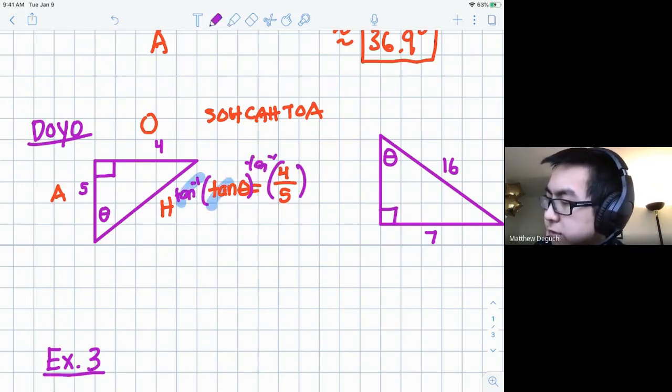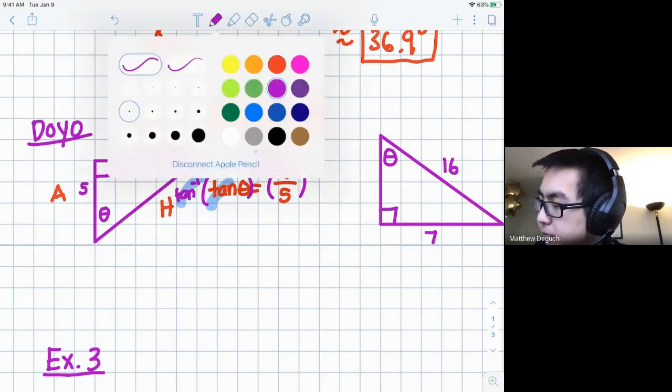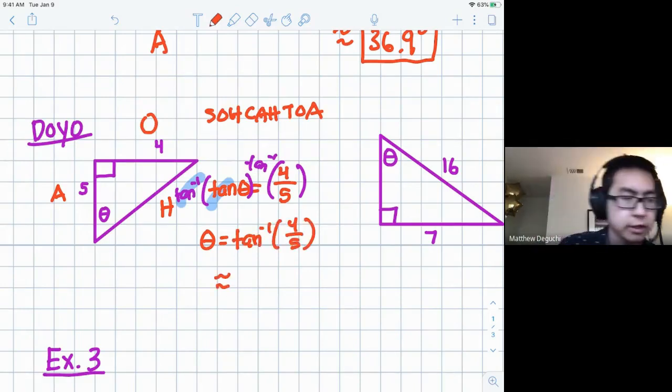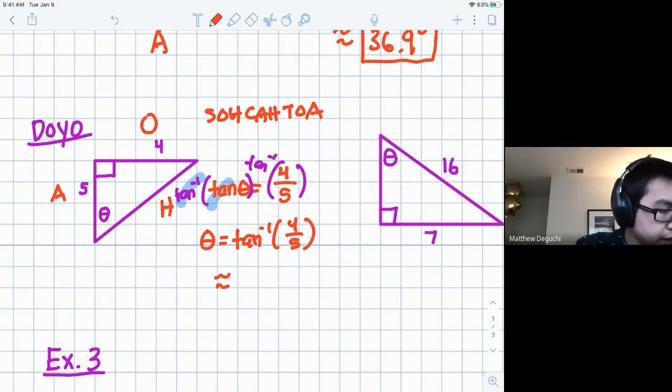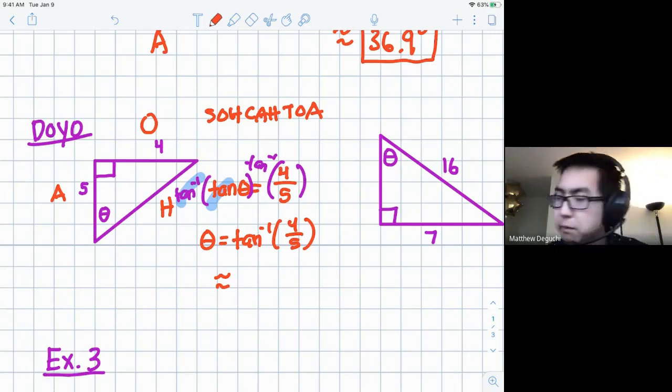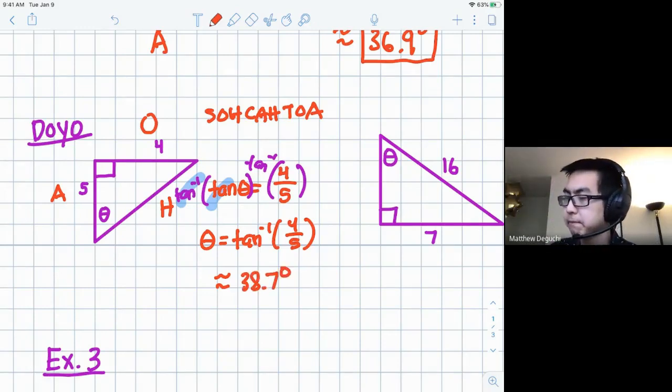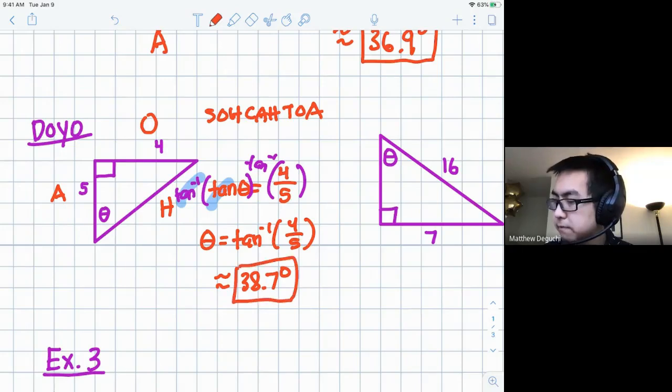This will cancel off the tangent, so we're just left with theta is equal to tan inverse of 4/5. Put this into your calculator, so tan inverse of 4 divided by 5, which is around 38.7 degrees. Okay, so there's that one.